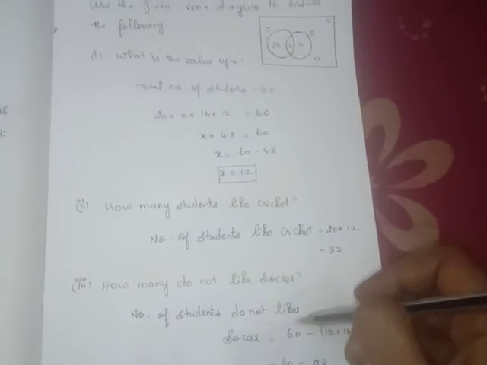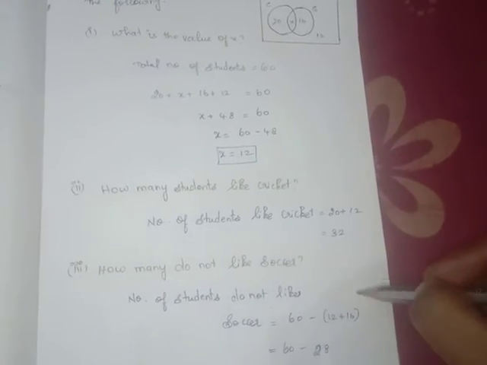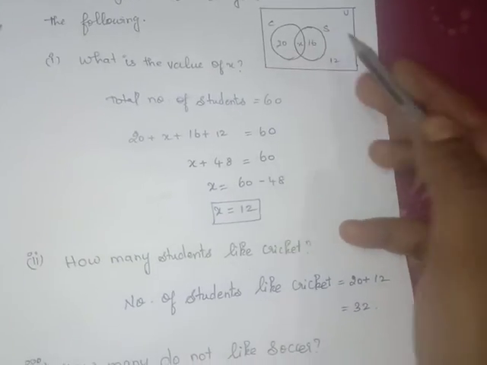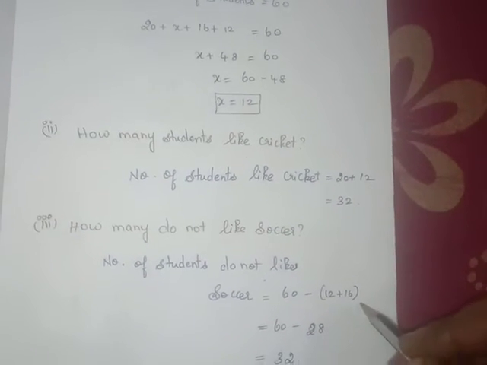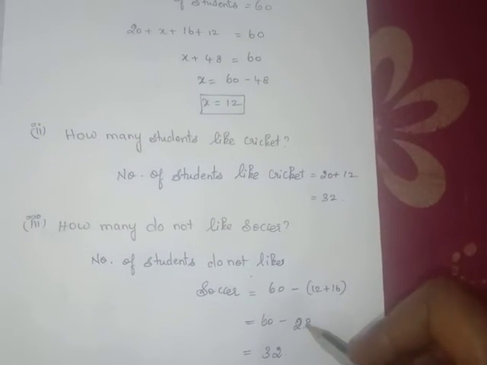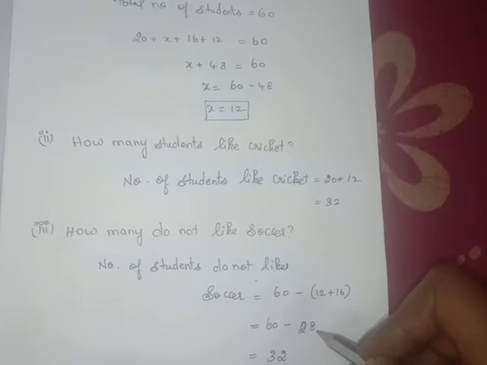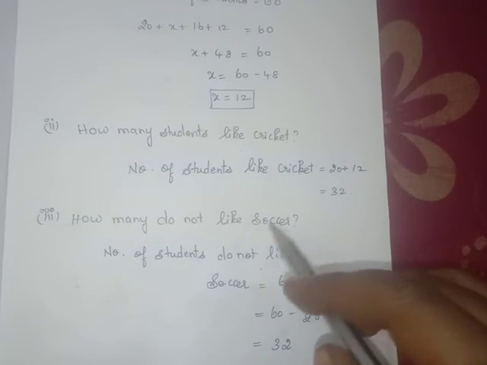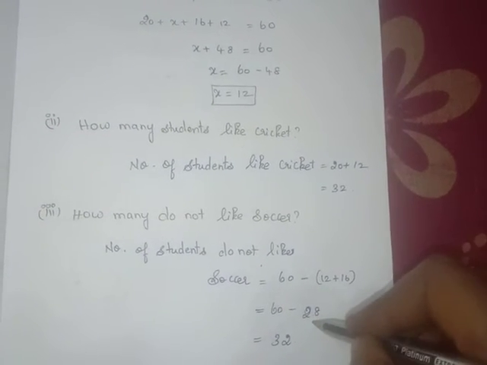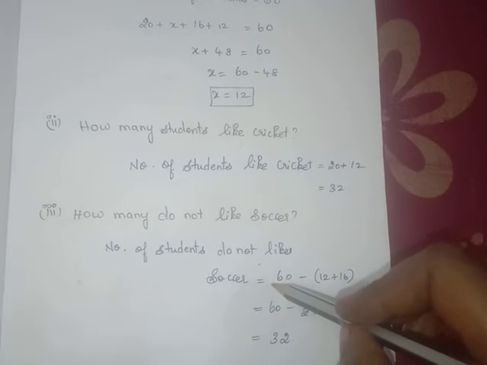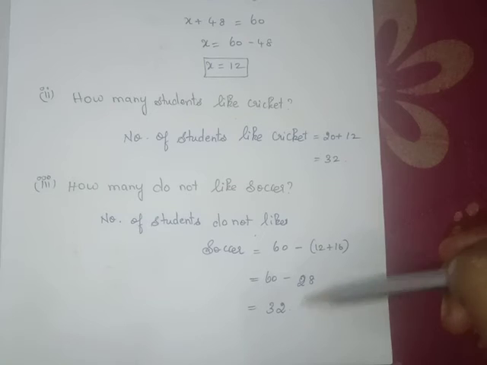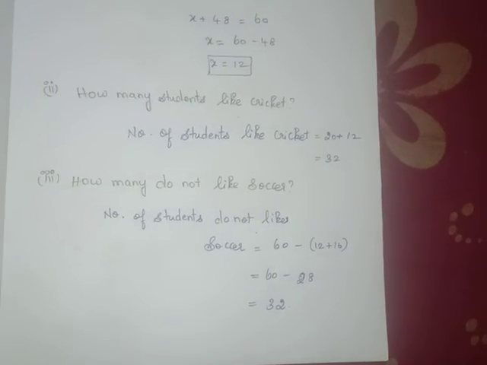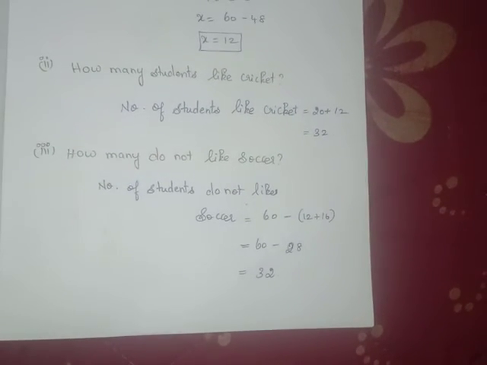The soccer circle has x plus 16, where x is 12, plus 16. So 12 plus 16, 28. So 28 students play soccer. For those who do not like soccer, those 28 students are subtracted from the total number of students, 60. So 60 minus 28 you get 32. So 32 students do not like soccer.